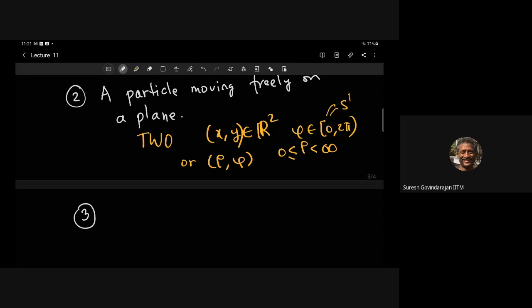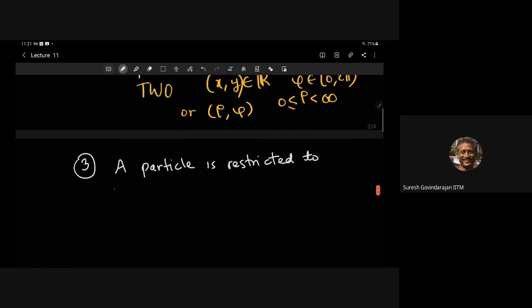Okay, so now the third one: a particle is restricted to move on the surface of a cone. What is a cone?